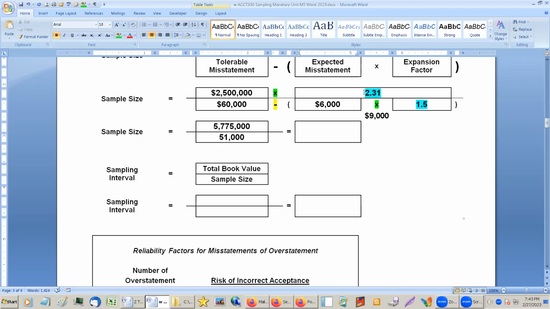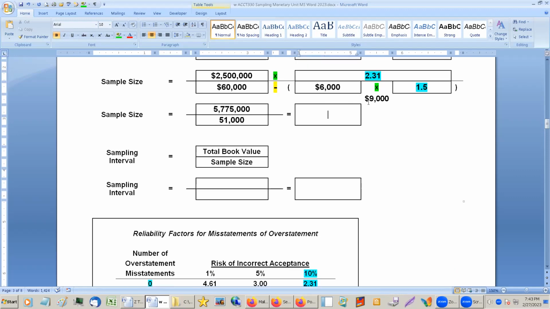113.24 or something like that. And for this one, you round it off to the nearest whole number, so it'll be 113. So they got 113 items.